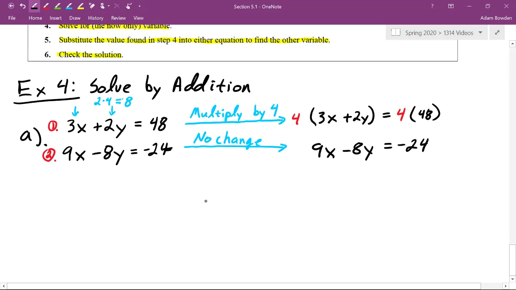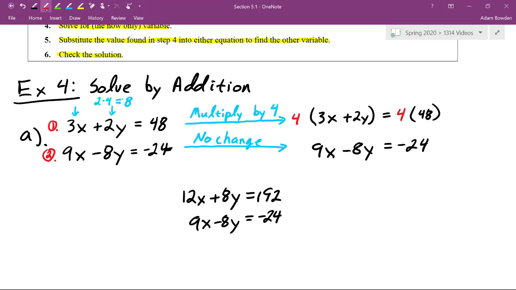Okay, after multiplying equation 1 by 4, we're going to have 12x plus 8y equals 192 in equation 1. And then we take the second equation and we can see how the y's will now cancel themselves out after turning it into an 8y.